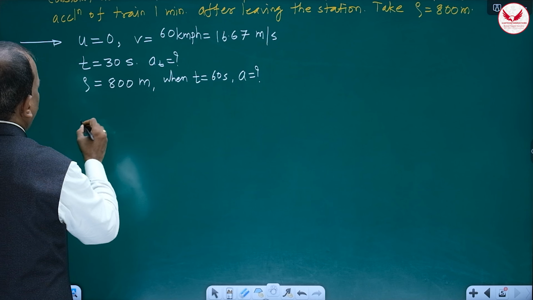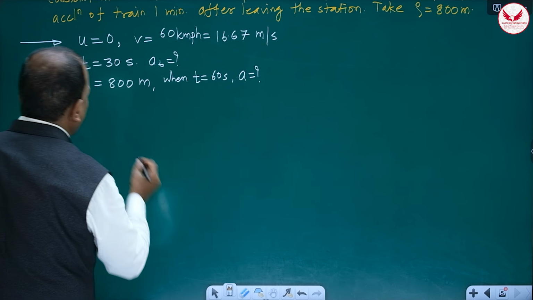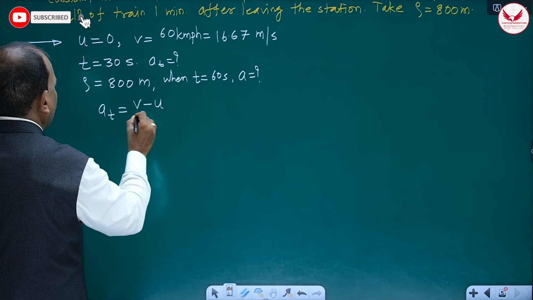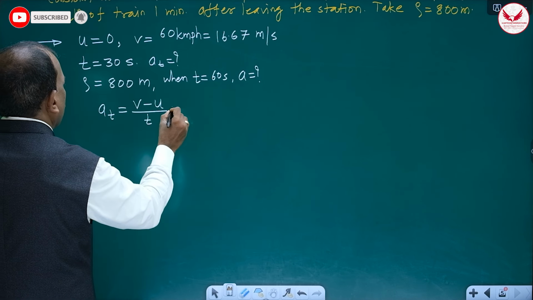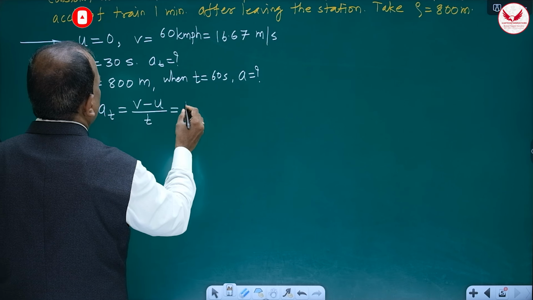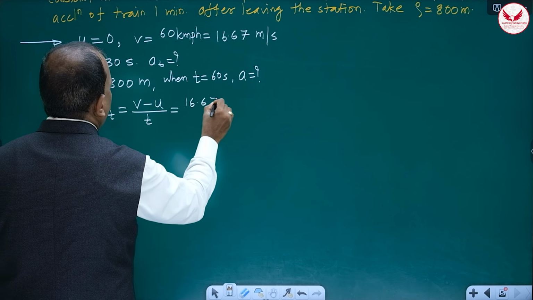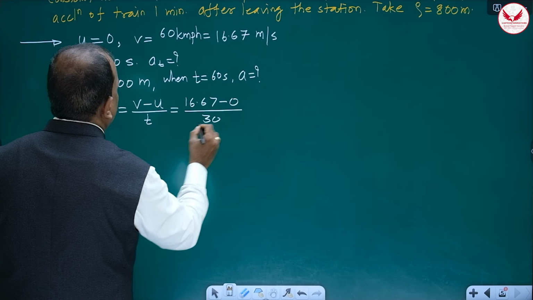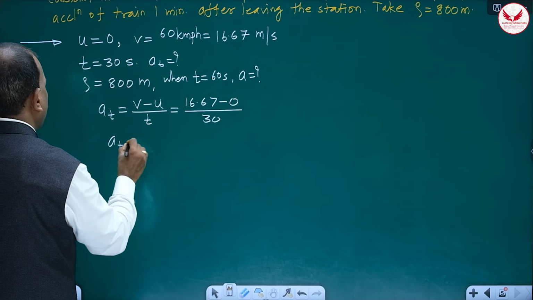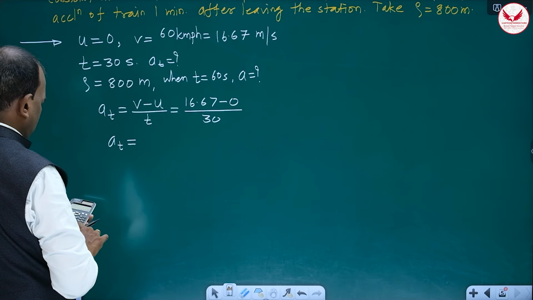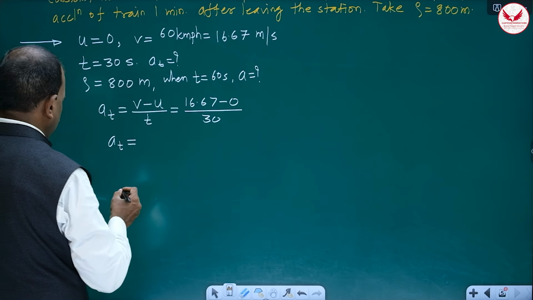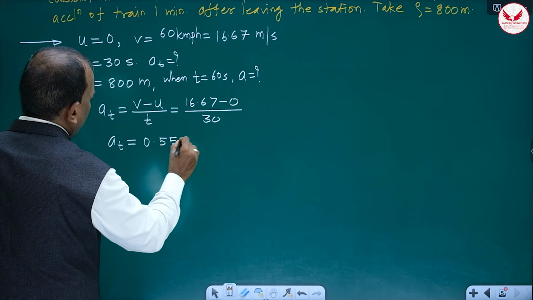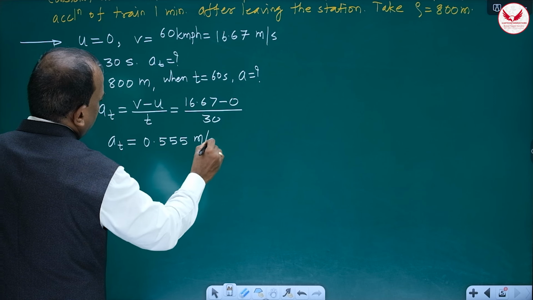See, AT easily we can get, like the earlier example, AT is final velocity minus initial velocity by time. Final velocity is 16.67 minus 0 by 30 seconds. From this we will get AT, which is going to be constant. It is 0.555 meters per second square.